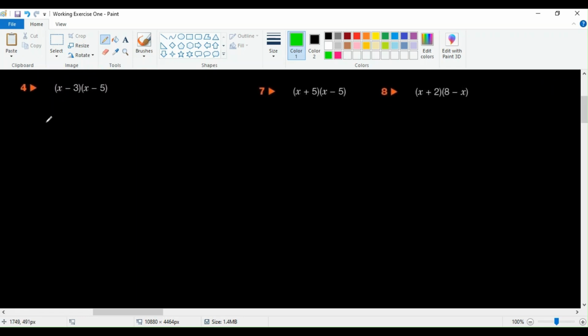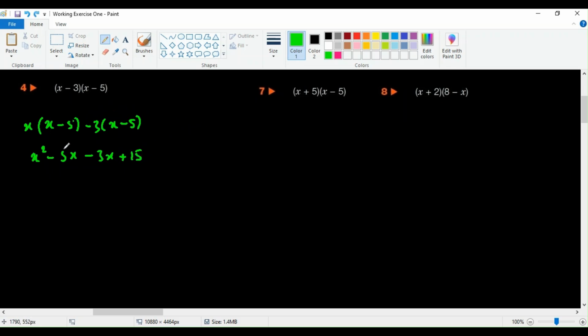Now in question number 4, I will write x minus 5 two different times like this in your notebooks or the journals wherever you are working. You should have this kind of working all the way. This gives you x square minus 5x and minus 3x plus 15, because minus 3 multiplied by minus 5 is going to give us a plus 15.